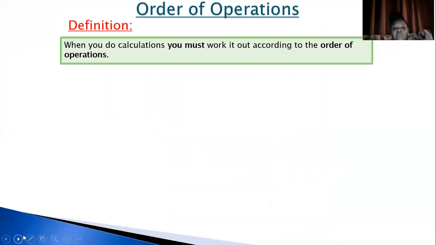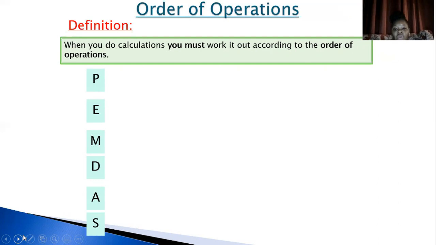When solving order of operation fractions, we follow the order of operation rules, which tell us that you must work it out according to the order of operations, the keyword for which is PEMDAS, or as we may say, please excuse my dear Aunt Sally.